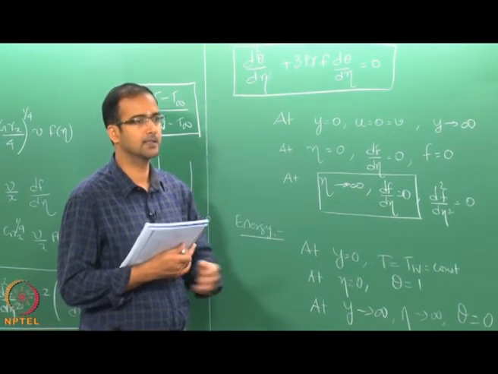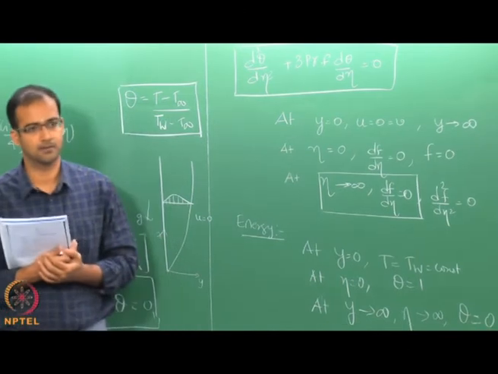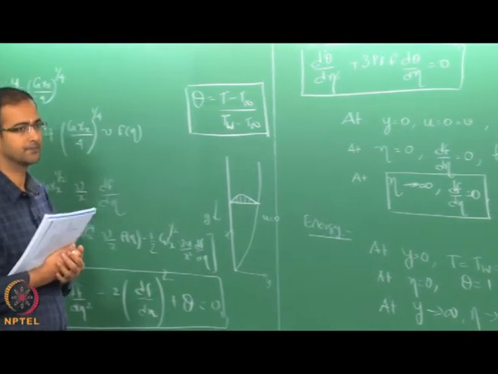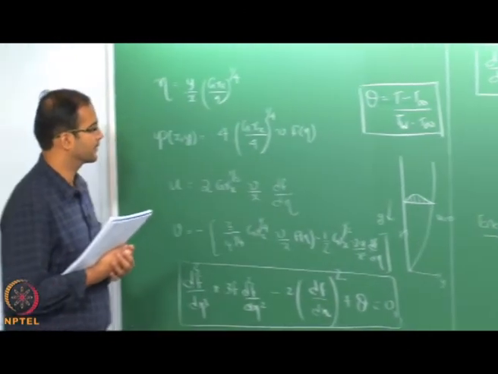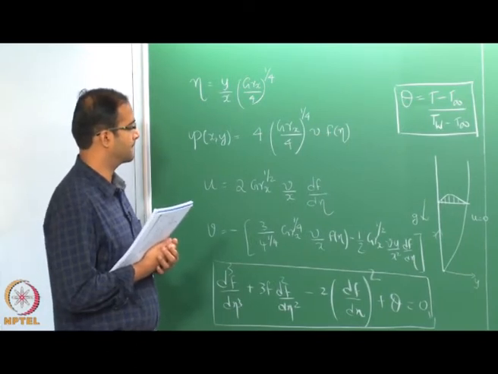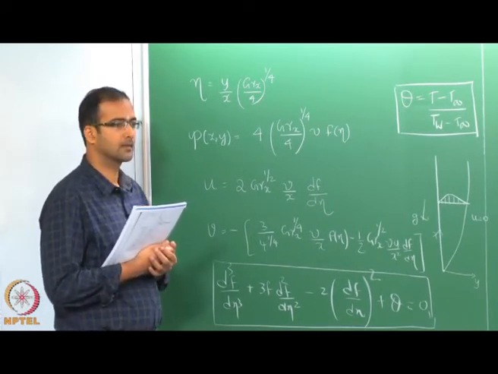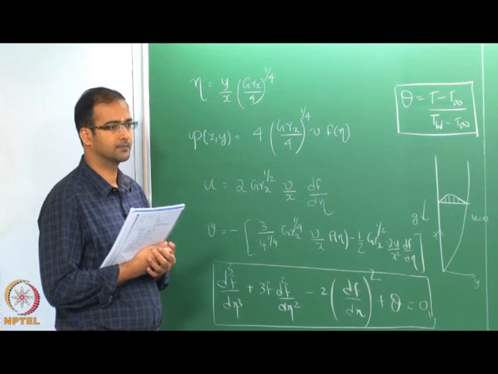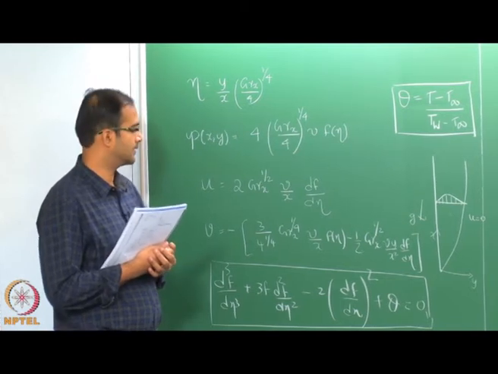whereas what is the condition in the Blasius equation? u by u infinity going to 1, equal to df by d eta. Okay.